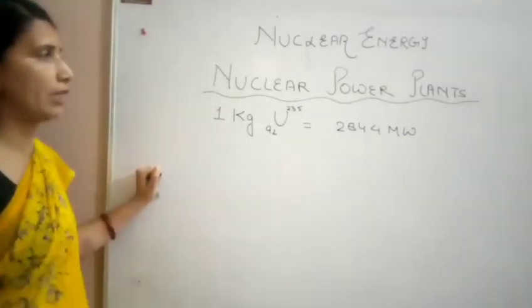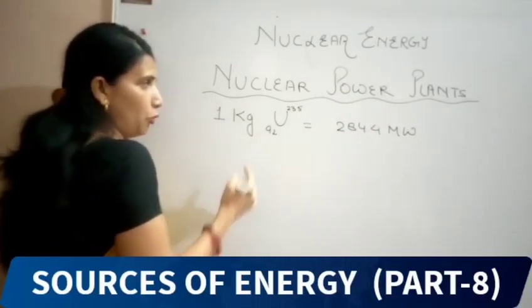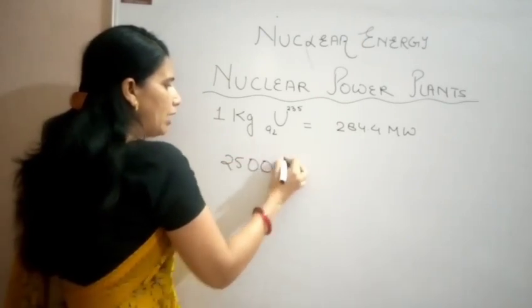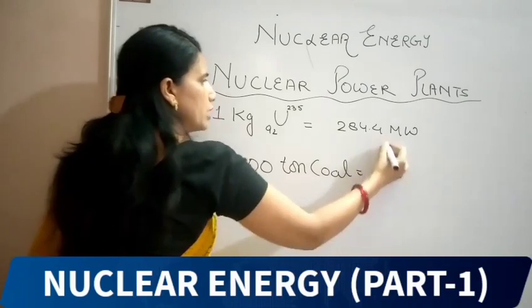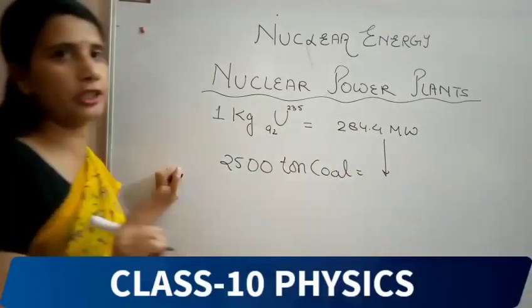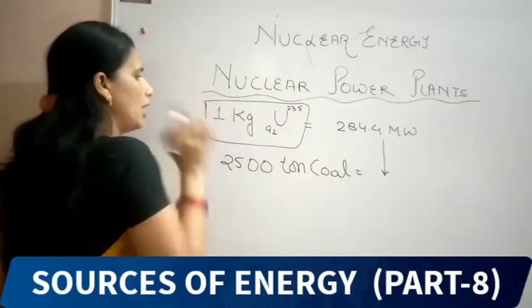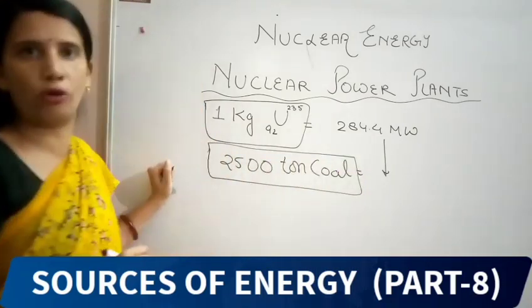And this much amount of energy, if we have to produce with the help of coal, it will require 2500 tons of coal to produce the same amount of energy. So the energy produced by using only 1 kg of uranium is equal to 2500 tons of coal.